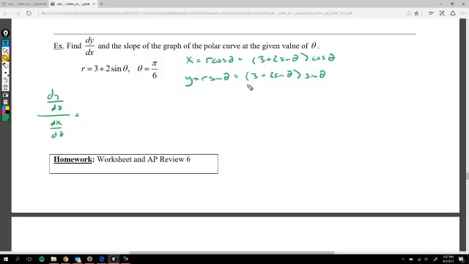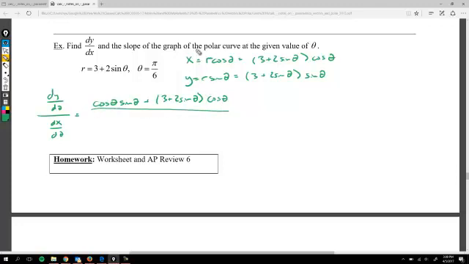So I need to take the derivative of y first. So we are going to have to use product rule here because I'm multiplying two functions. So the derivative of 3 plus 2 sine of theta is just 2 cosine. Right, this time 3 plus 2 sine of theta, and the derivative of sine is going to be cosine.